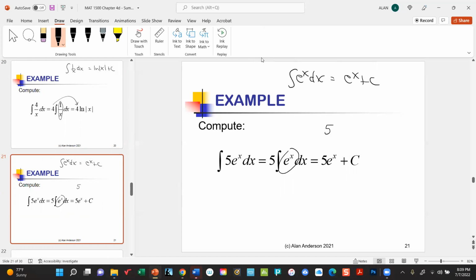I mean, theoretically, what you've got is this. But it doesn't matter if we call this C or 5C. So we typically just leave this at C because we don't know what that constant is anyway. Even though technically I have just multiplied the 5 by this constant, it makes no difference as far as our notation is concerned. We can just leave it as C.